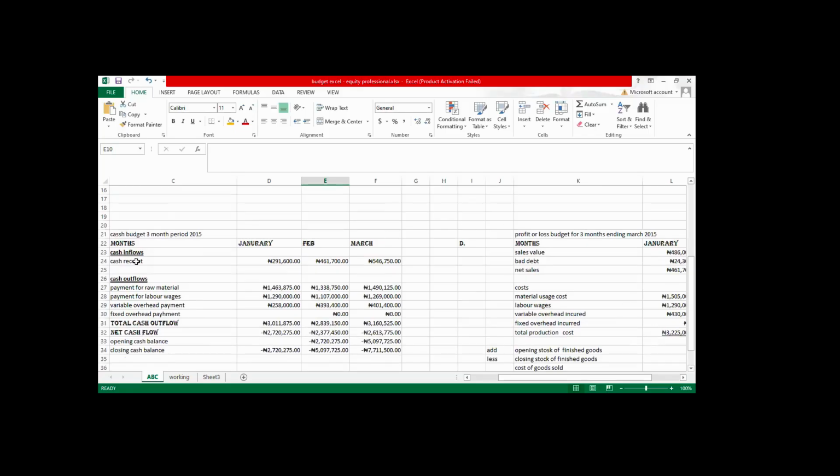You have your cash budget for the month of January, February, March. You have your cash inflows, the cash receipts. You have cash outflows. Now, your cash inflow will come from your sales receipts.